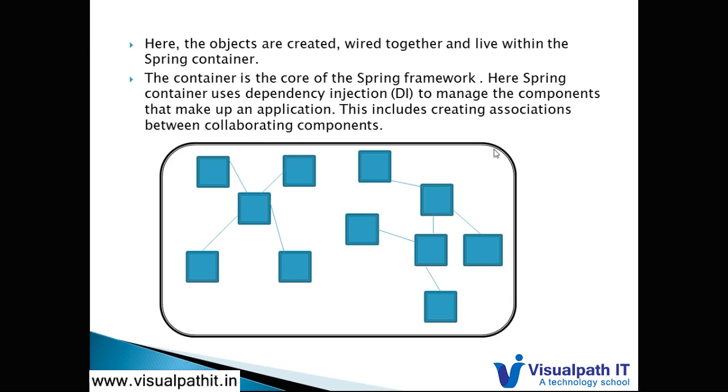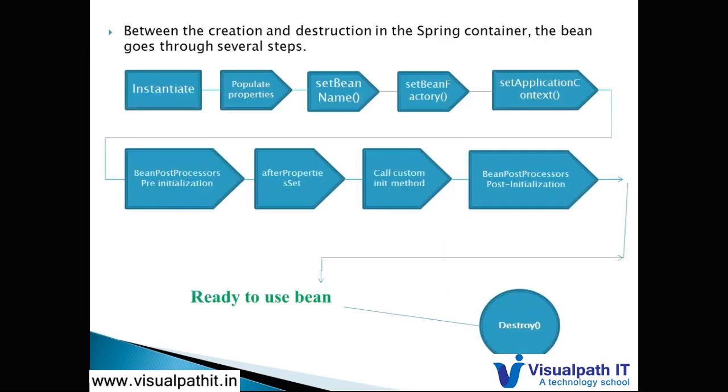So we can imagine this entire video with the help of this diagram. These are the objects which are wired together, connected together, collaborating together within the Spring container. Then let's see this flow. Here the creation and destruction of the beans happen. First is instantiation, next comes populating all the properties needed, set bean name, setting the bean factory, set application context.